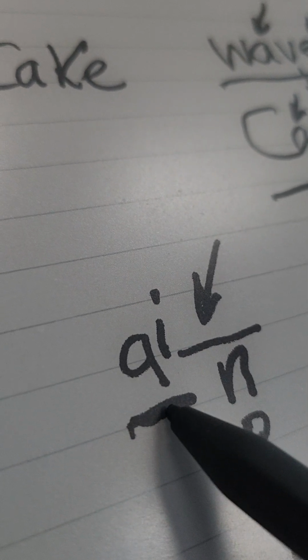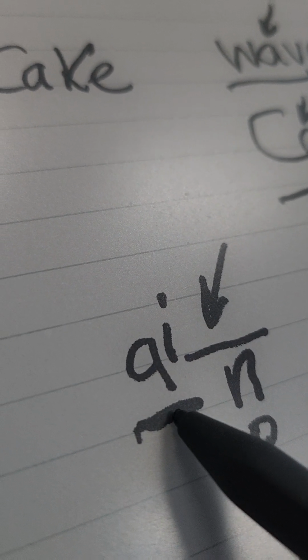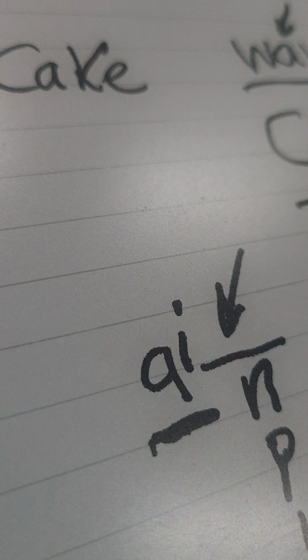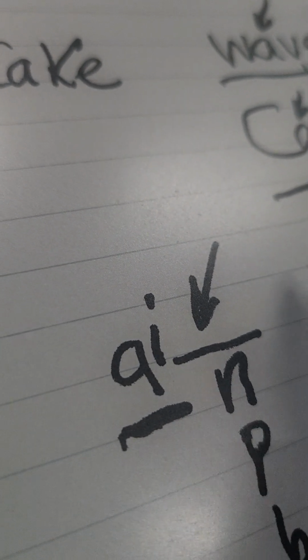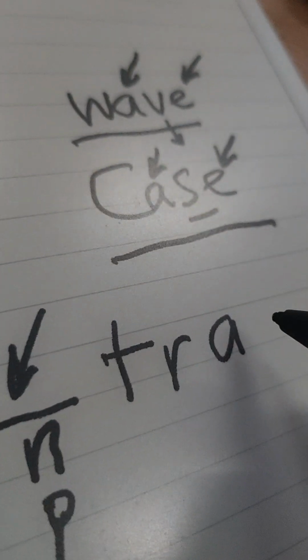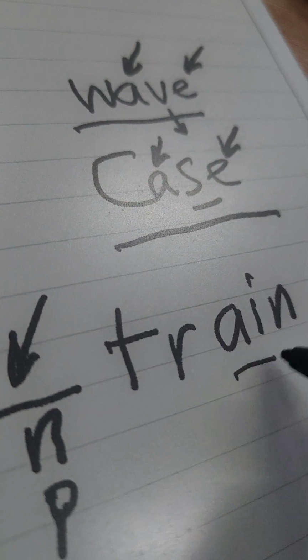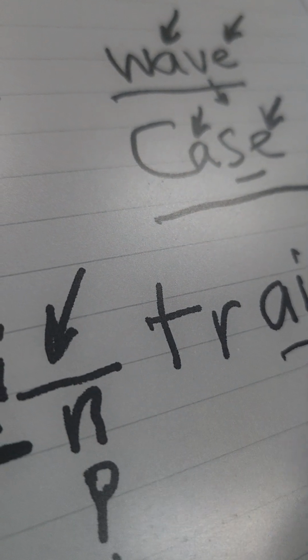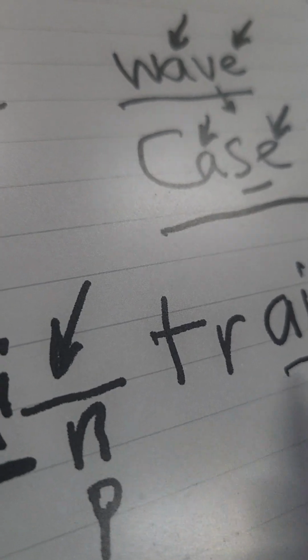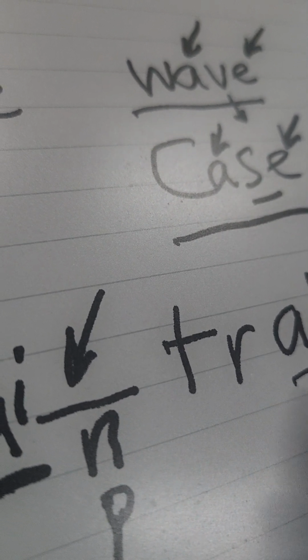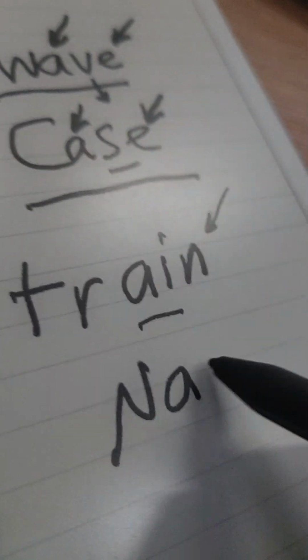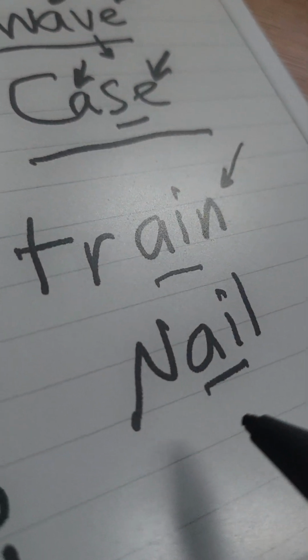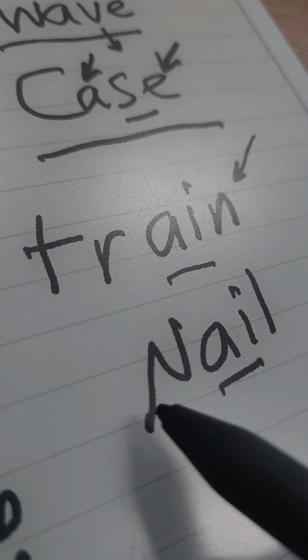What can I say here? What is it? The same, A. So, number 3 now. Like what? Like train. I have N after AI. A. Train. Good. What is this one? Nail.